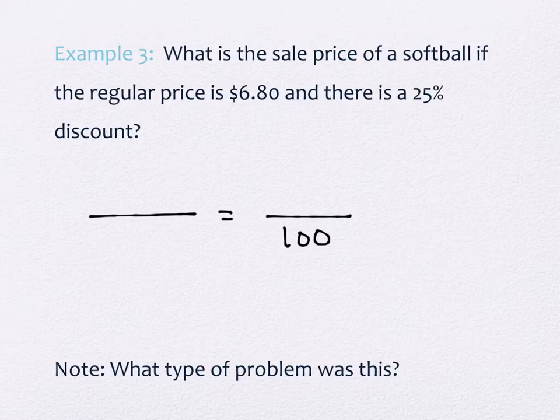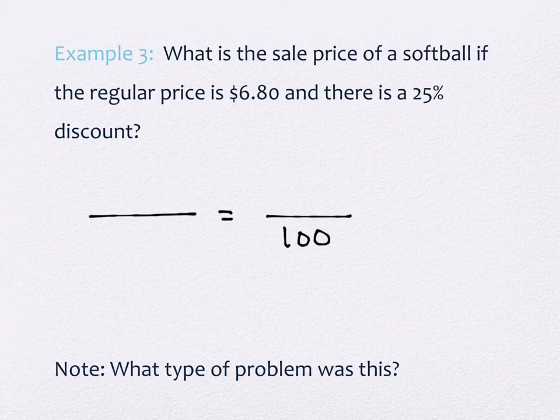So in this particular problem, it says there's a 25% discount, but it also tells you that the price is $6.80. They didn't tell you the discount is $6.80. Do you see that? So we have to decide somewhere along the way, at the beginning or at the end, to make amends about the fact that this price and this discount don't match. On this one, it's far easier to recognize it at the beginning.